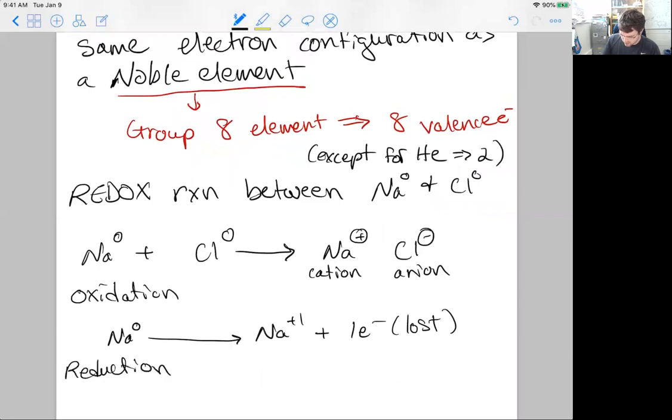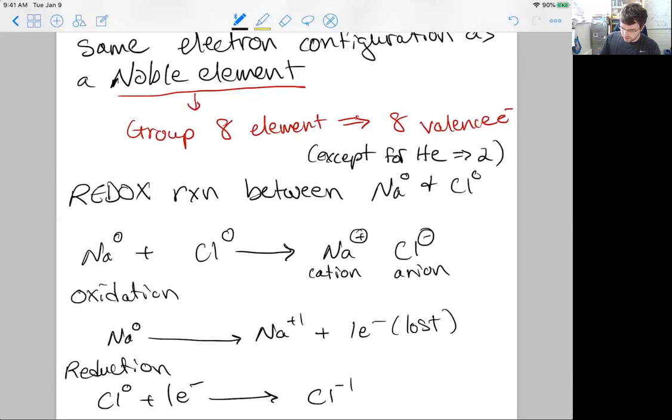Conversely, we have a reduction process where Cl0 picks up an electron to form Cl-. The Na+ and Cl-, who have just traded electrons, are now in close proximity. Opposites attract: the positively charged cation attracts the negatively charged anion. We have sodium chloride salt. That's the stuff that sits in our salt shakers on our tables.